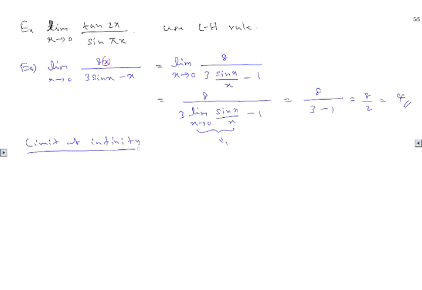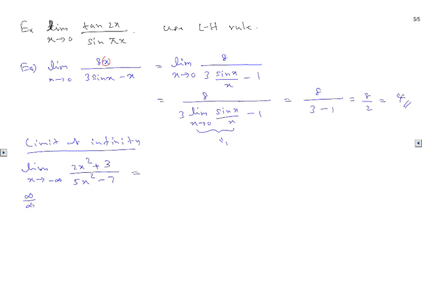So how about a problem like this? Find the limit as x goes to negative infinity of 2x squared plus 3 over 5x squared minus 7. When x goes to negative infinity, the top and bottom go to infinity.